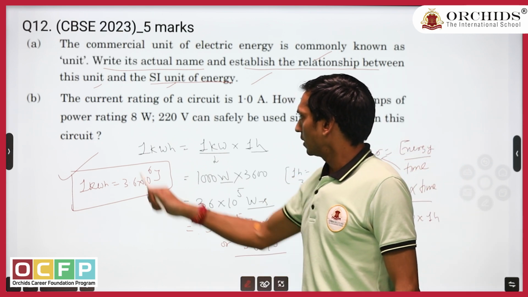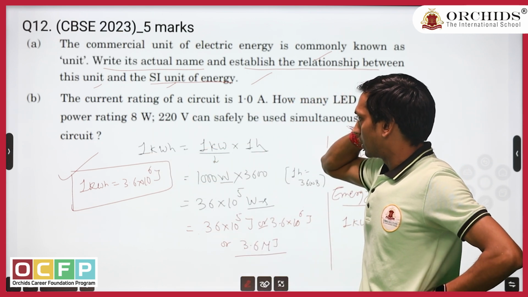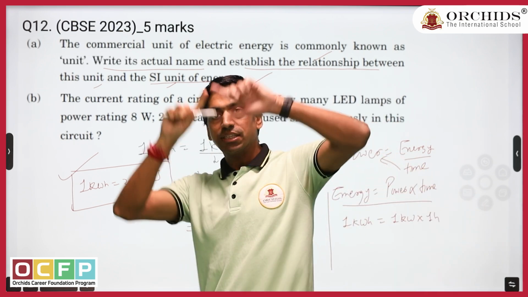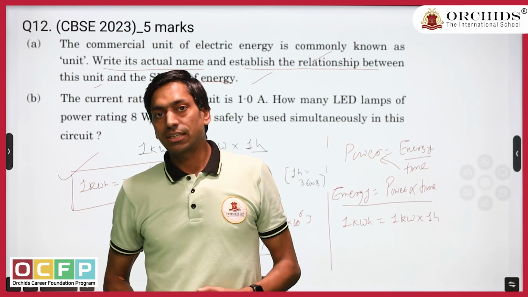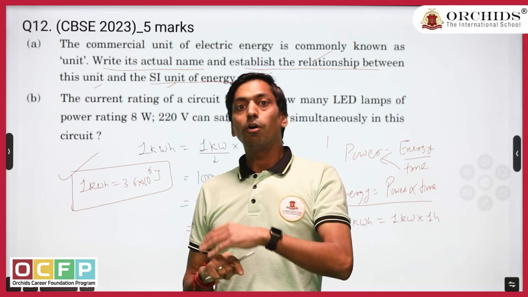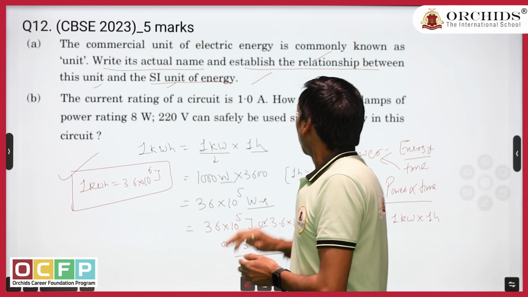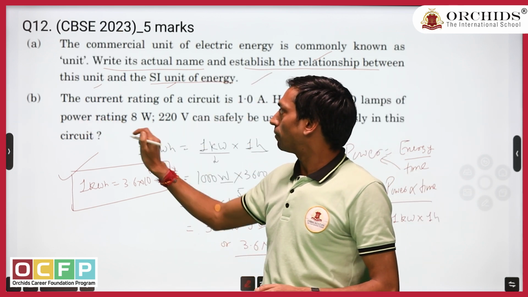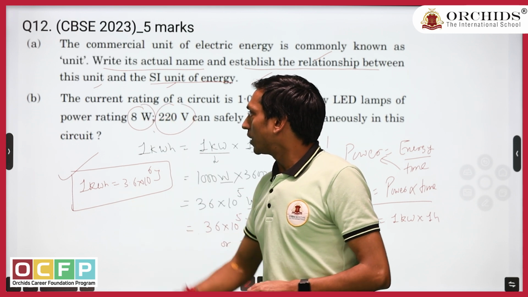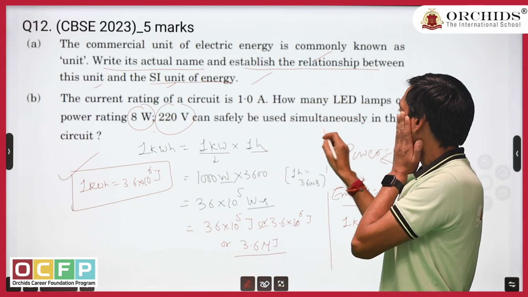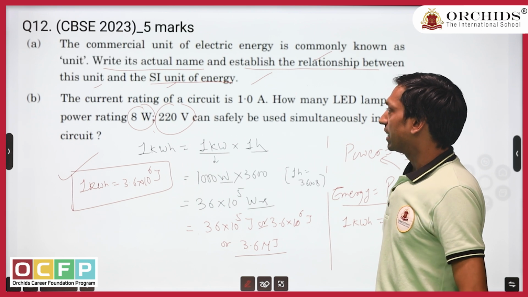Now part B: the current rating of the circuit is 1 ampere. This means we have a circuit whose fuse can safely draw 1 ampere of current. How many LED lamps of power 8 watt, 220 volt can be safely used simultaneously in this circuit?